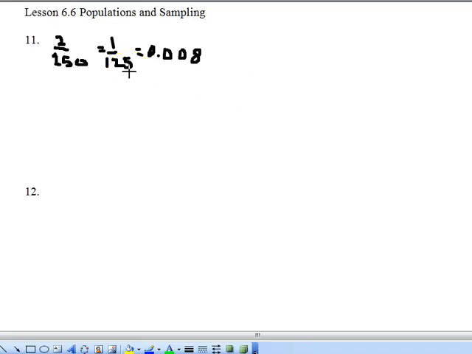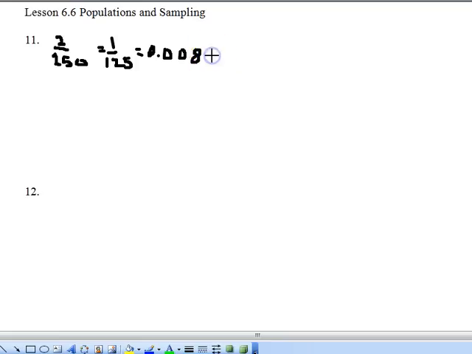Okay, it'll give you, it'll say in an assembly line 2 out of 250 items. So it'll give you that first, something out of something. You divide those and you get a decimal here. Okay, then you're going to multiply this decimal times the number that they give you for the total number of items produced. So in this particular problem it says out of the 8,000 items produced.